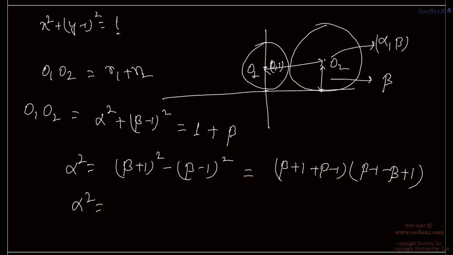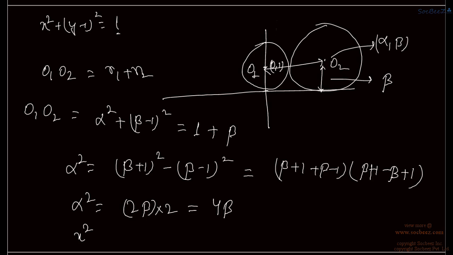So alpha square is equal to 2 beta into 2, the beta gets cancelled, and 1 plus 1 is 2, times 2, which is equal to 4 beta.